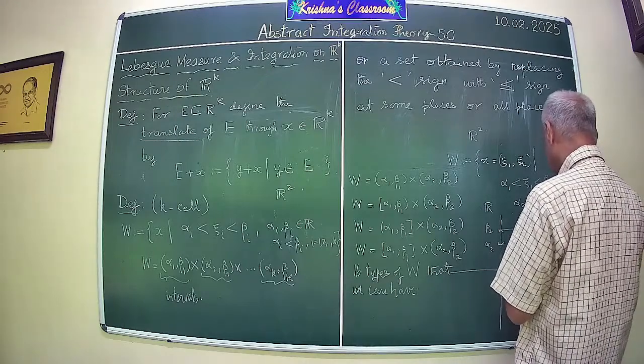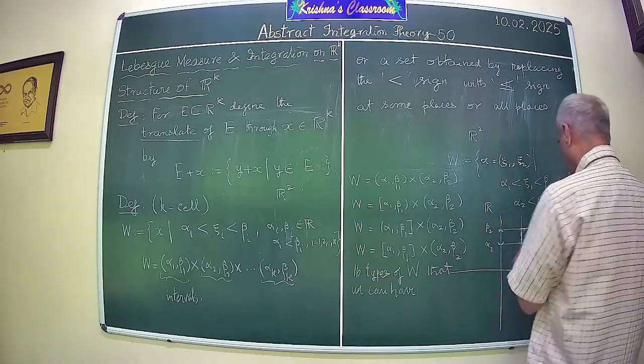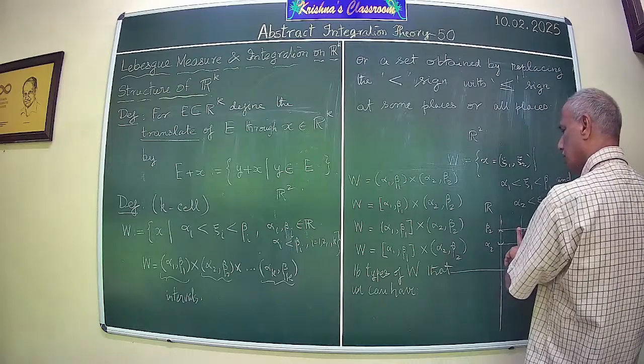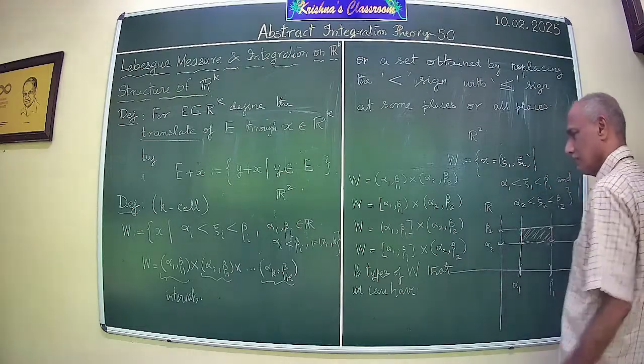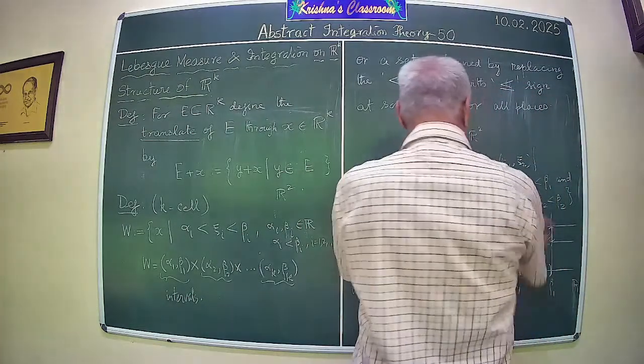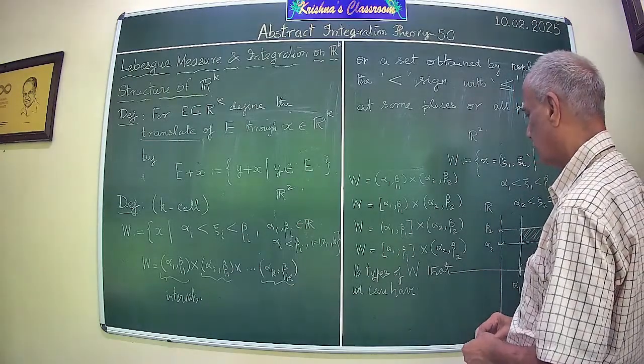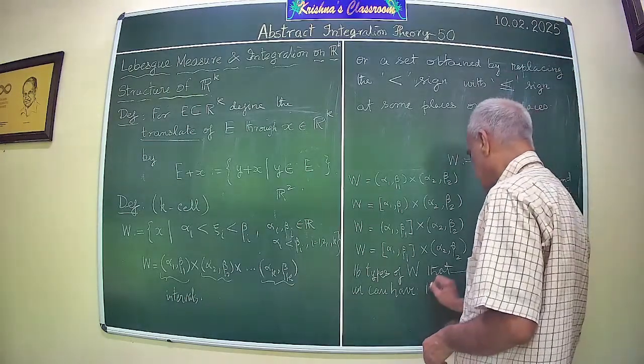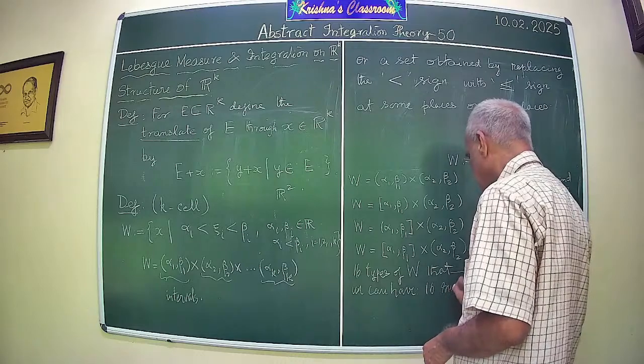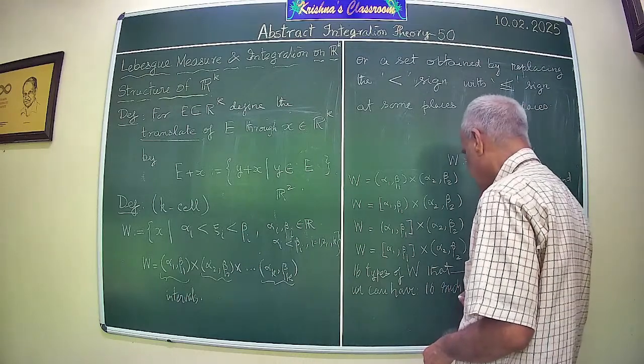So these other lines are not included. In the fourth case, both these are included. And likewise in all different cases. 16.